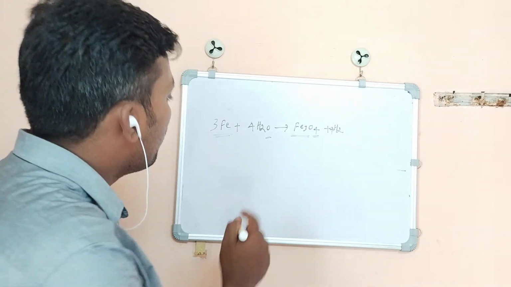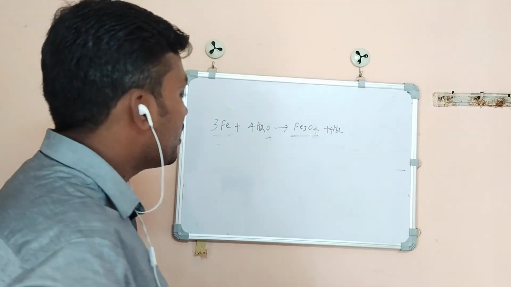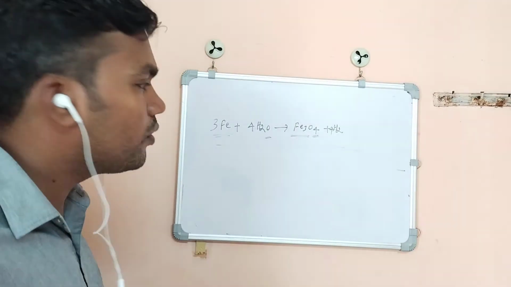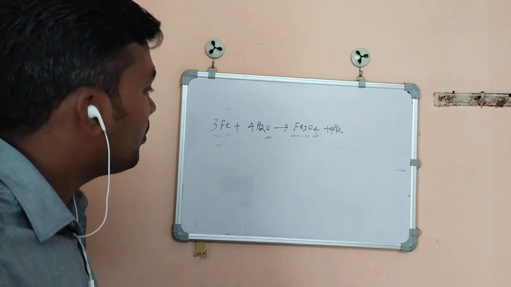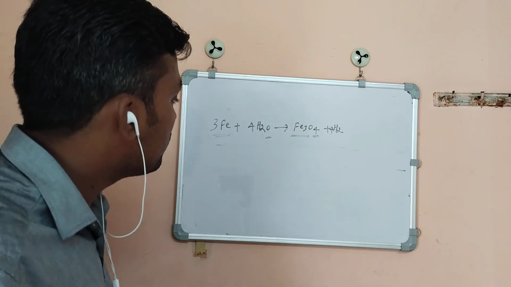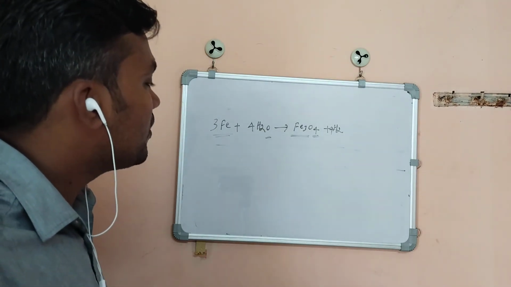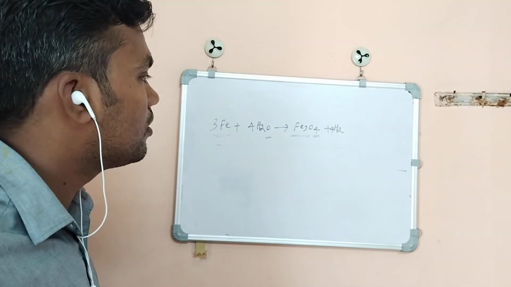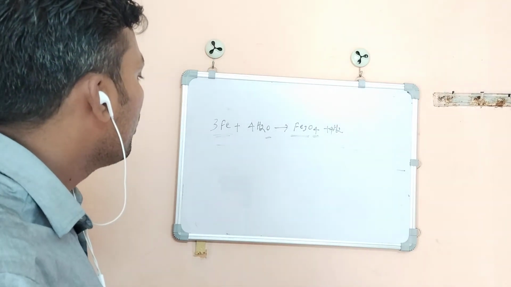Next step, after balancing the chemical equation, are you getting any information about the physical state of the element or compound involved in these reactions? Do you get any information from the reaction about the physical state of the reactants or products? No, we can't get any information about the physical state from this.